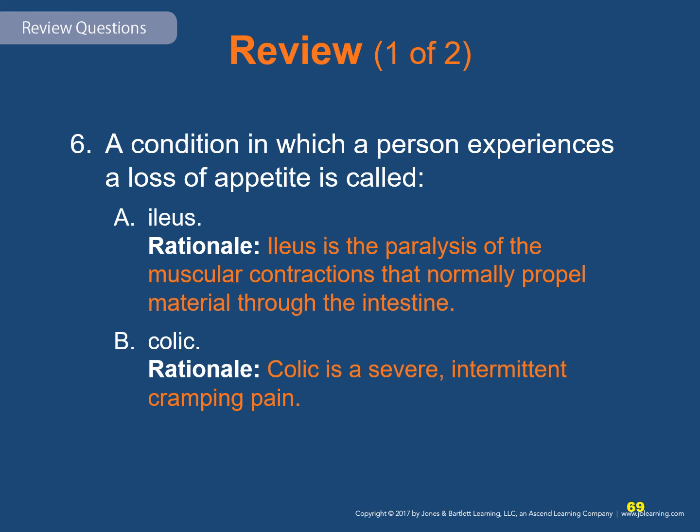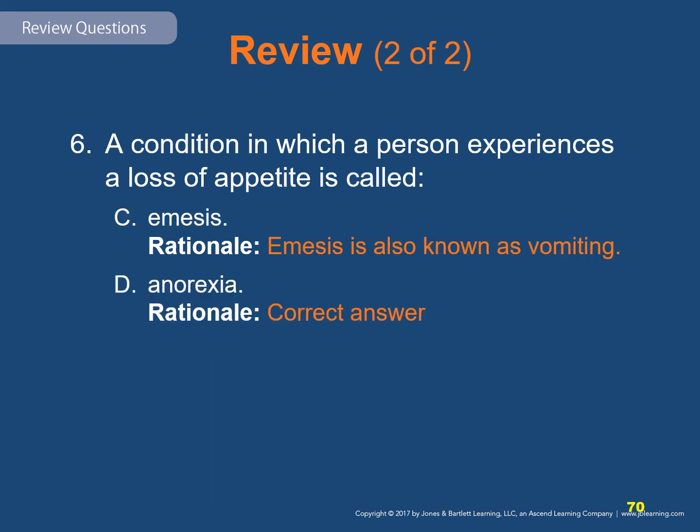That's incorrect because colic is the severe intermittent cramping pain. A condition in which a person experiences a loss of appetite is called emesis, which is incorrect because emesis is known as vomiting, and D, anorexia, which is actually the correct answer.